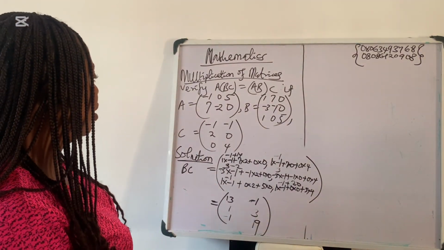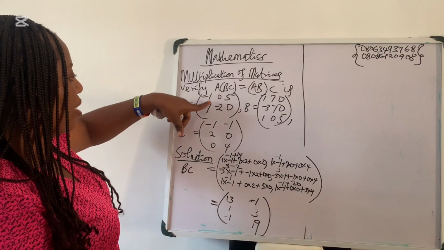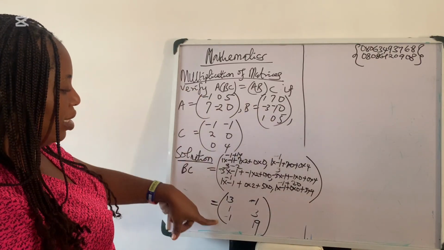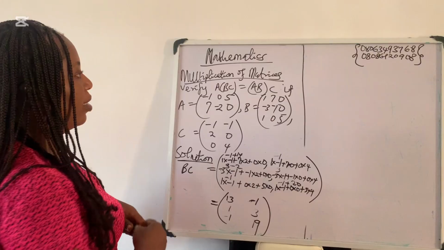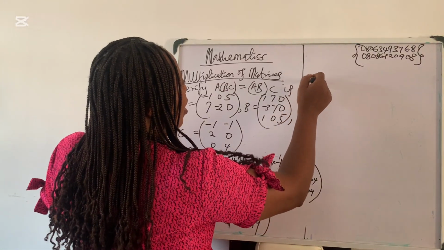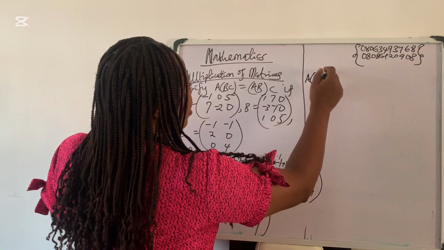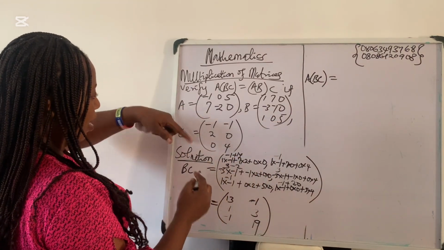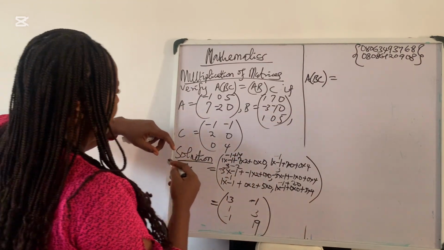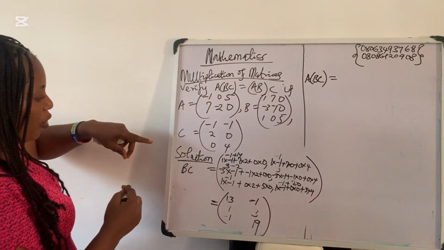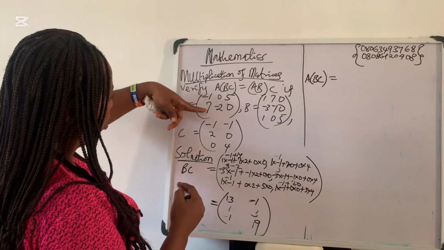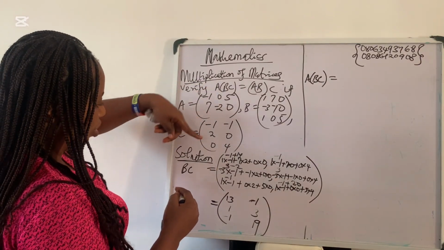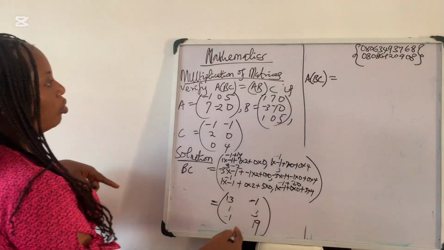Having gotten that, we'll now go back to use A to multiply BC. Now let's go. A times BC: remember, the conditions must be ascertained before you go ahead. Number of columns there: 1, 2, 3. Number of rows there: 1, 2, 3 as well.